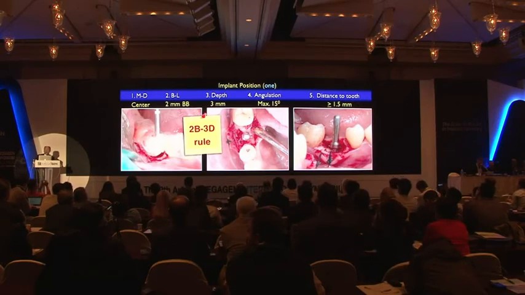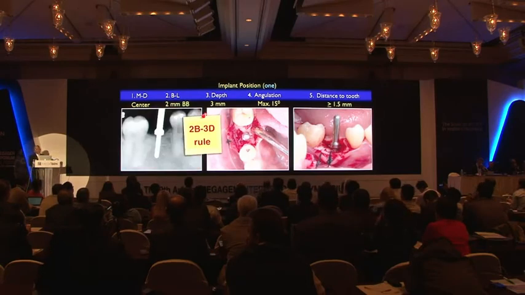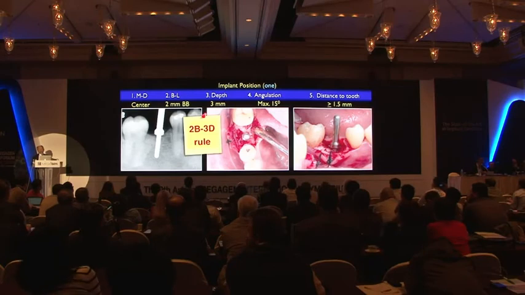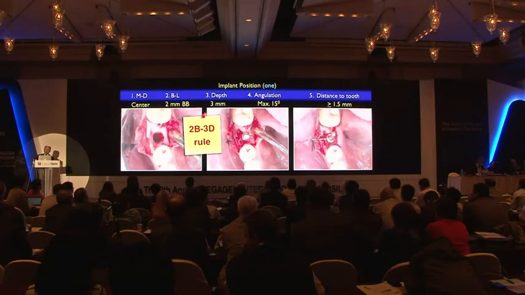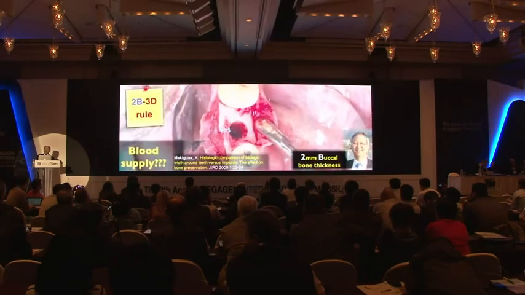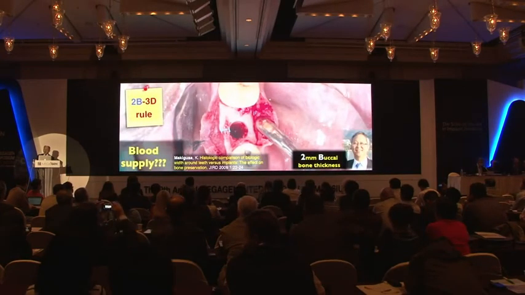And the depth, we want 3 millimeter. For the angulation, the maximum will be 15 degrees, and the distance to the tooth will be about 1.5 millimeter. So based on this 2B 3D rule, we'll be able to locate the implant right here.